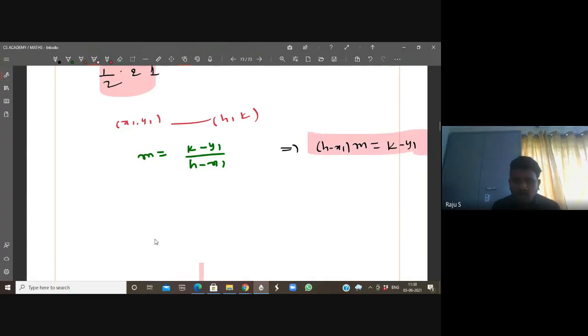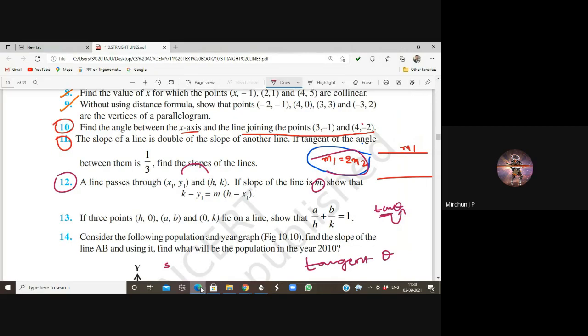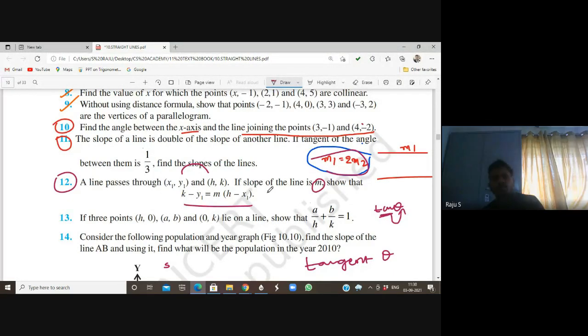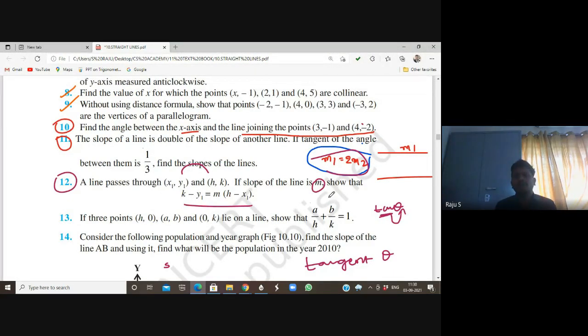Got it? Proved or not? I found the m value, just by cross multiplying.